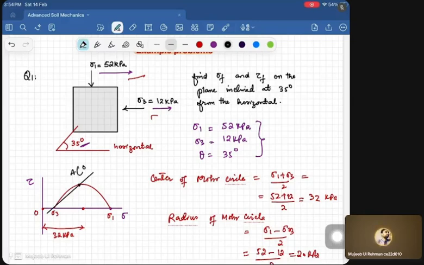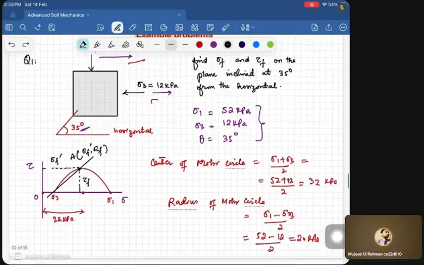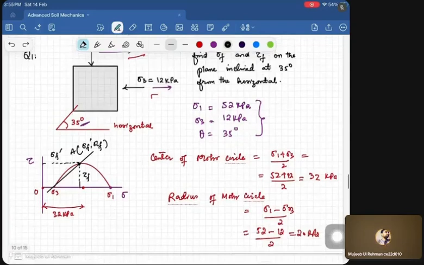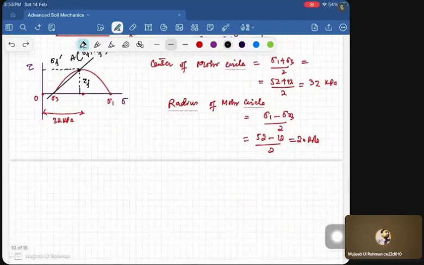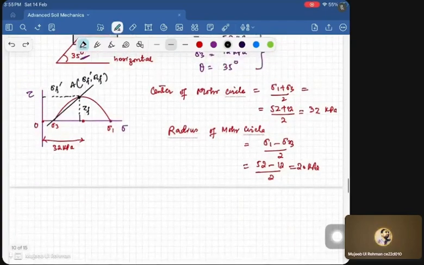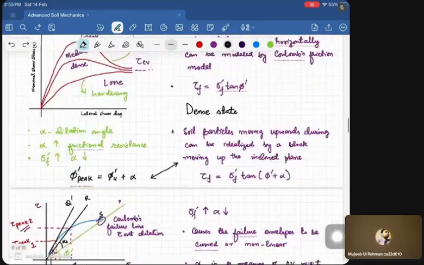So the coordinates of A will be sigma f and tau. So this will be the sigma f, and this will be the tau, correct. Not tau f dash, but tau. Now either you can do it this way, or in a geometrical way, or we have the equations. We have determined the equations earlier, and I will show you.